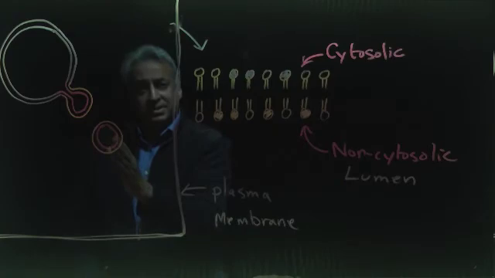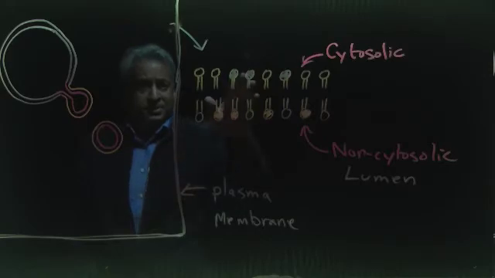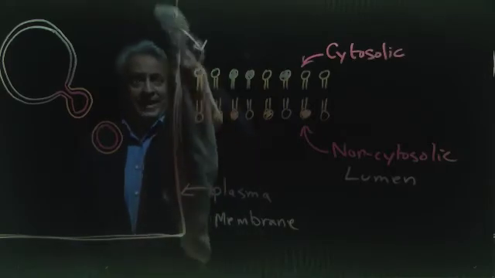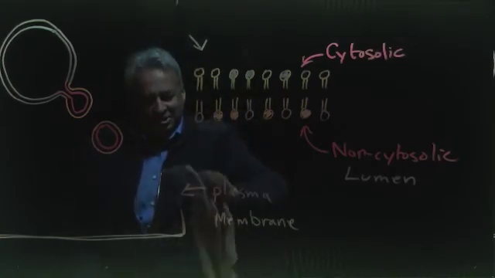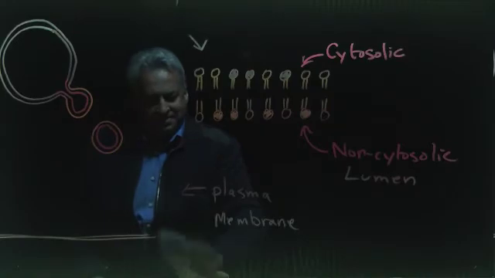And as this vesicle fuses with the plasma membrane, which again is also made up of two layers of lipid molecules, let's redraw that to match what we've done over here so that we maintain consistency throughout our diagram.